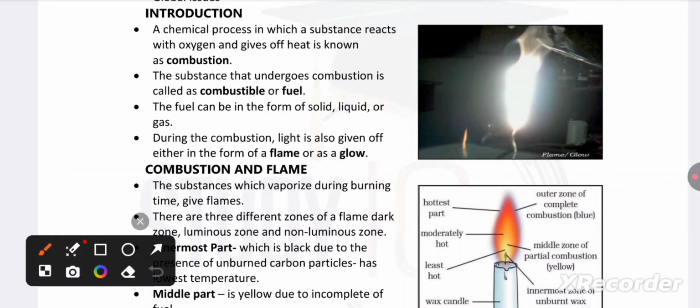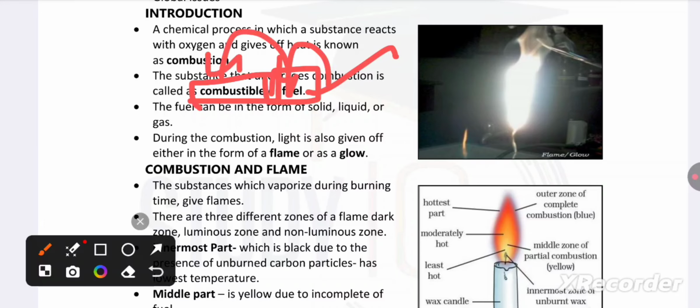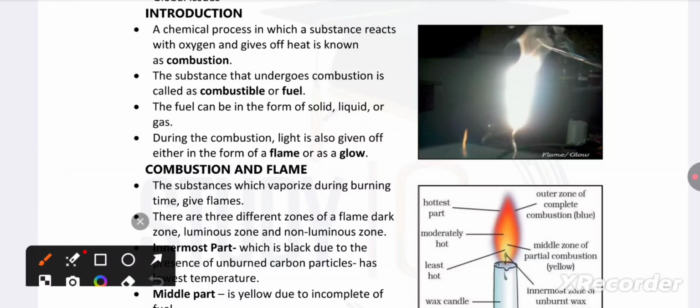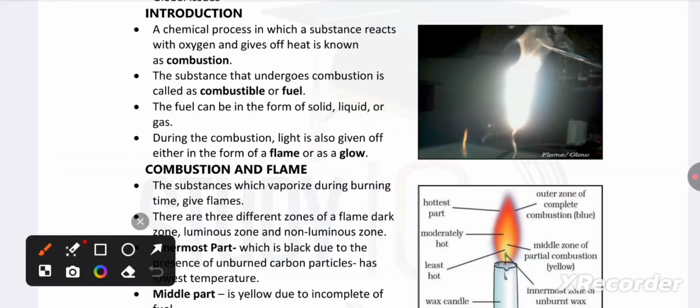The substance that undergoes combustion is called combustible or fuel. What are the substances that undergo this combustion process? That is called fuel or combustible. The fuel can be in the form of solid, liquid, gas.